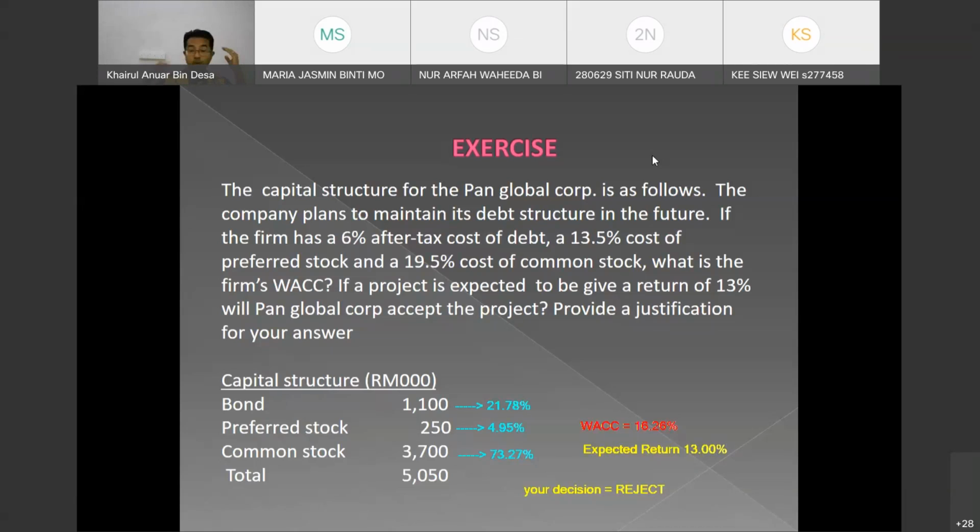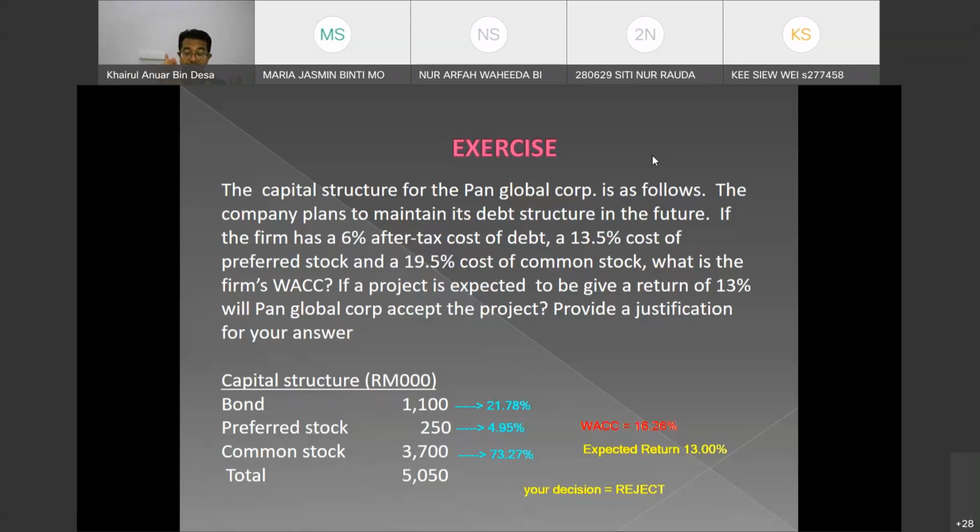Okay, I just want to conclude. Last week we discussed one by one. We discussed debt, we discussed common preferred share, and this morning we discussed common share one by one. Okay, individually. Individual components have their own cost, their own required rate of return.